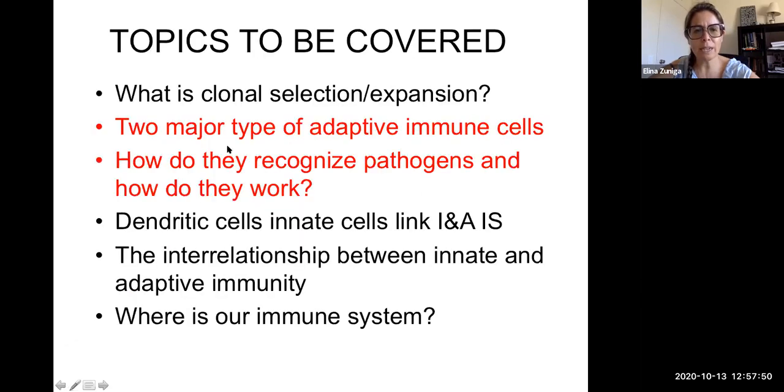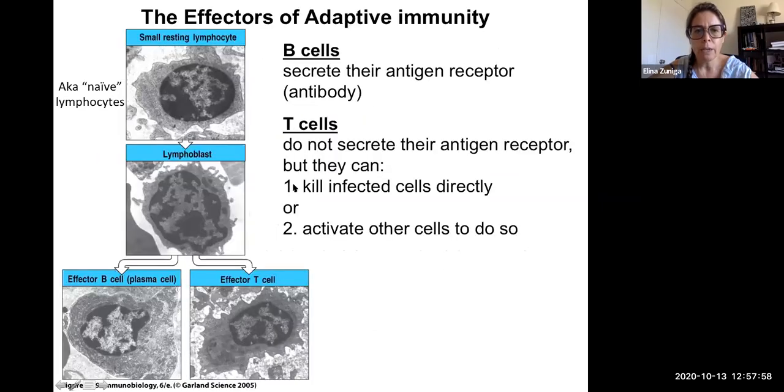Okay, so let's look at which are the major types of adaptive immune cells, and then we will look at how they recognize pathogens. So the adaptive immune cells we will learn are B cells and T cells. So again, here are the naive, small resting lymphocytes.